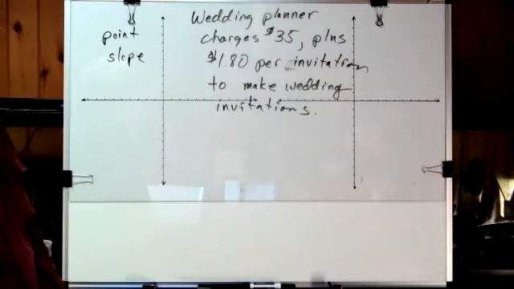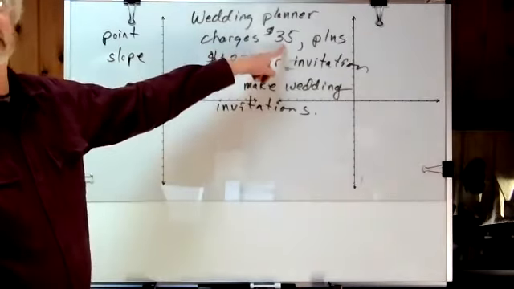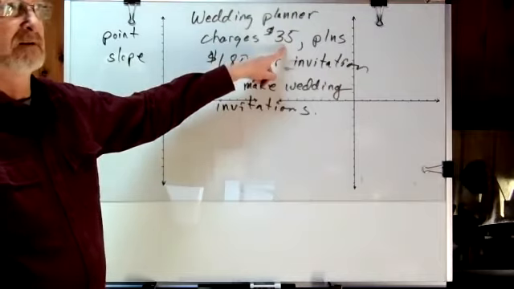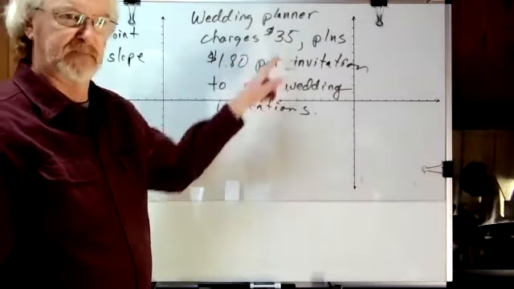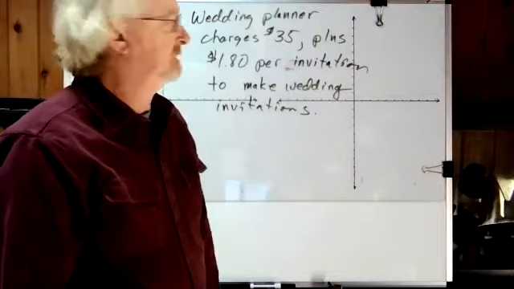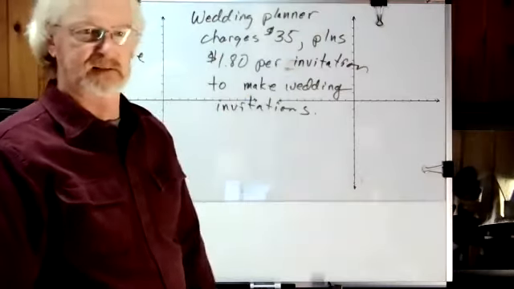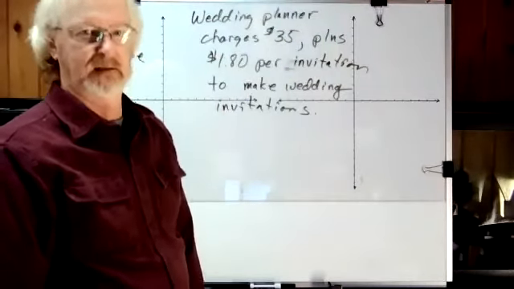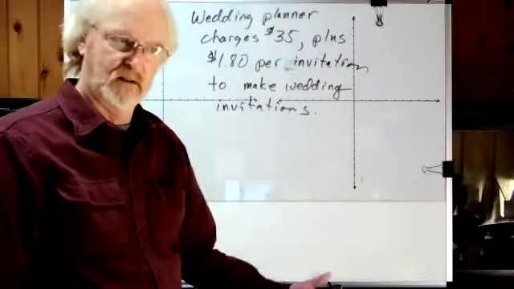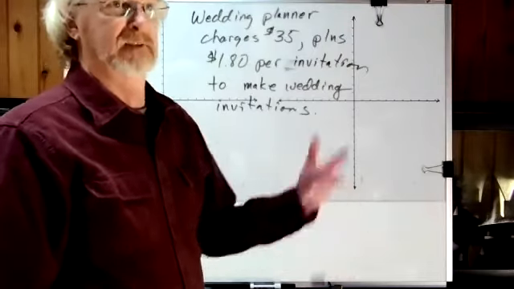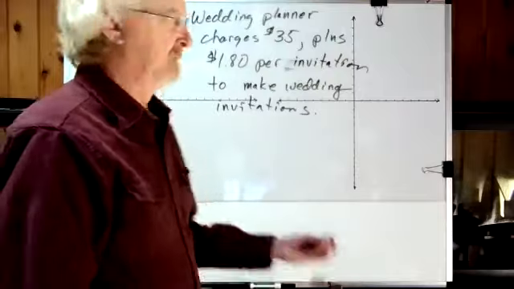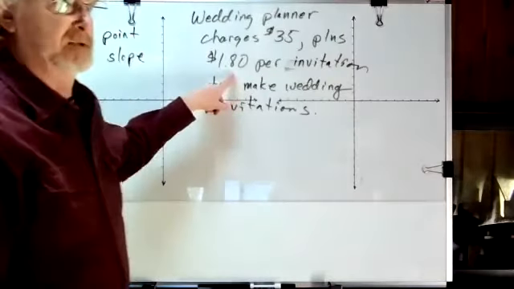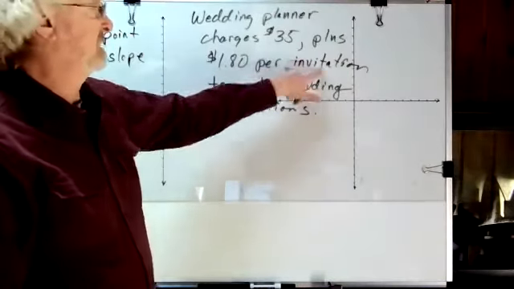This is an example of there being some fixed fee. Just for coming in the office and talking to this person, they're charging me $35 even if I don't order any invitations. But then for every invitation I order, it's $1.80 per invitation.